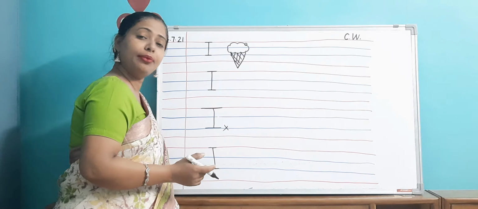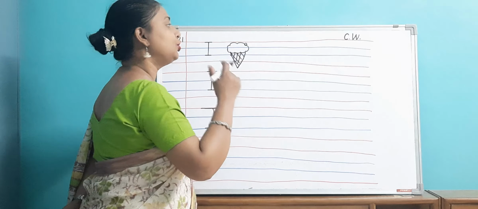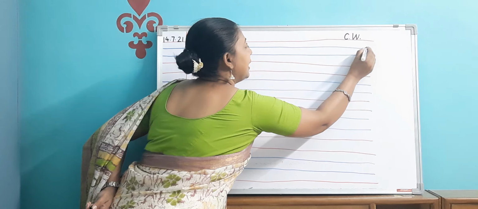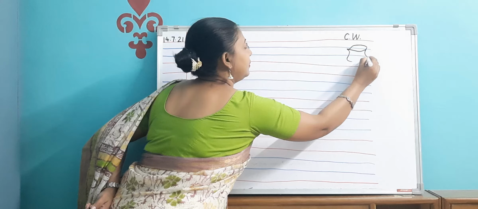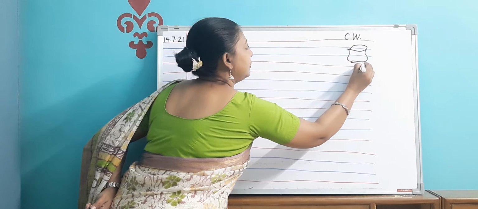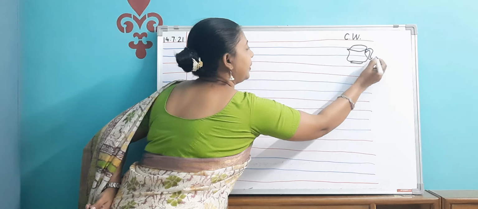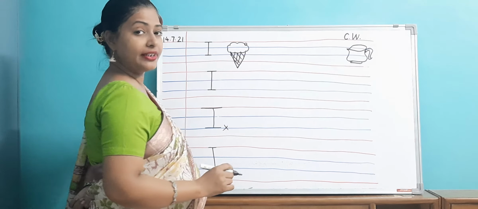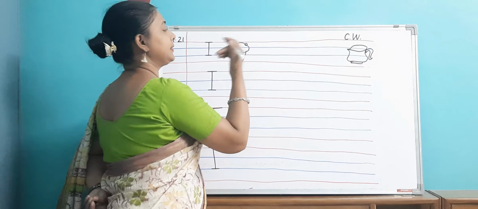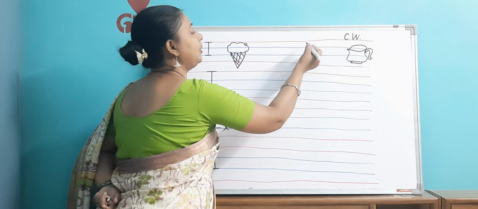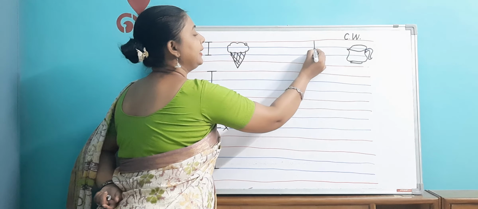Now, the next alphabet which I taught you, after I comes J. J for jug. So first I will draw a jug over here. This is a jug. Now let's see how we write this J. From the first line, we are going to draw a standing line like this.